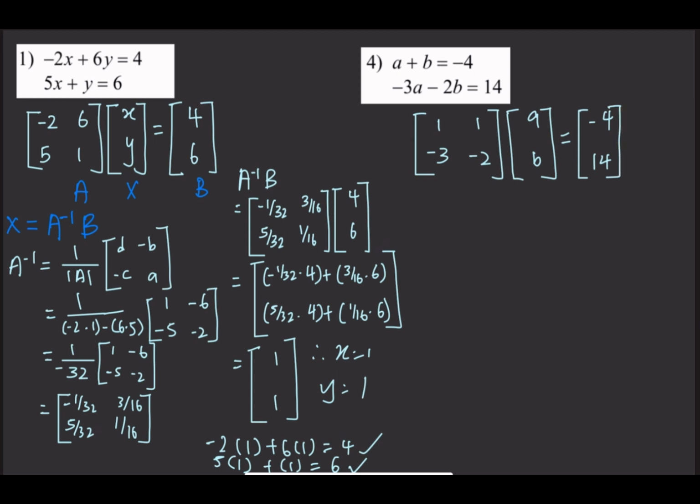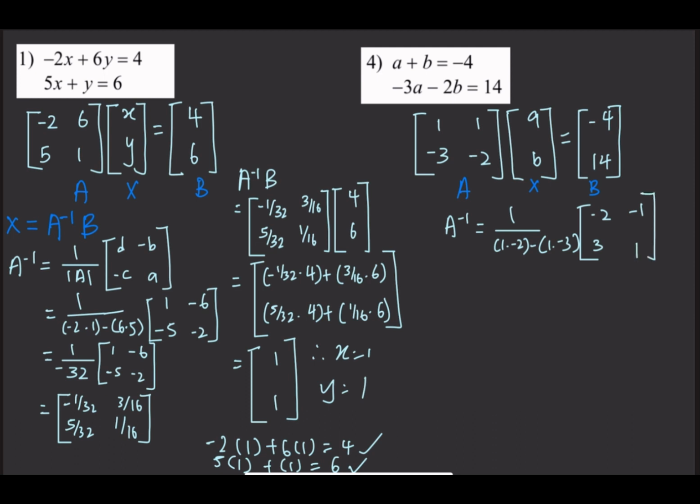Label this as AX, B. And then, since we want to find the inverse of A, equal to 1 over the determinant of A, 1 multiplied by negative 2 minus 1 multiplied by negative 3, D, negative B, negative C, and A is 1.